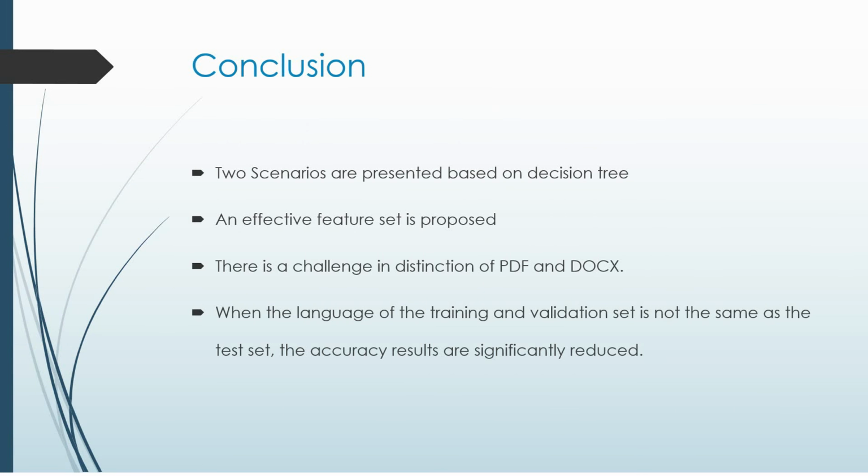To summarize the results, we consider two scenarios in this paper based on decision tree for classification of textual file formats. In the first scenario, training and test languages are the same, so as we expect, the results are good. But when the training and test languages are different, the results are not very promising.